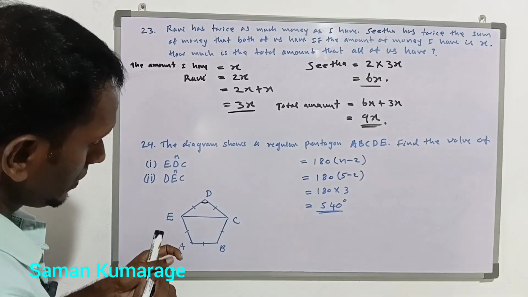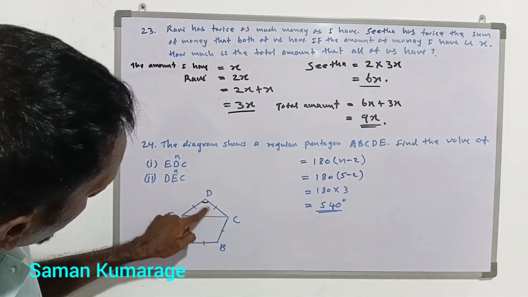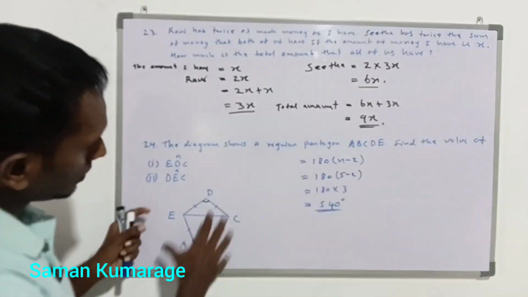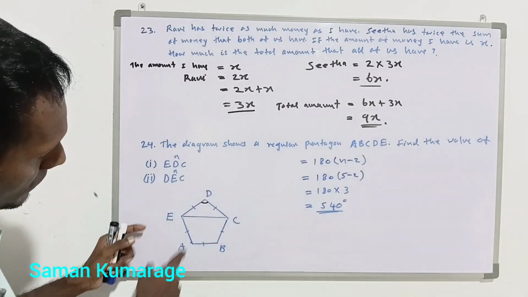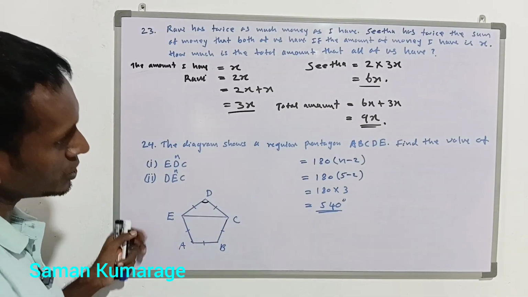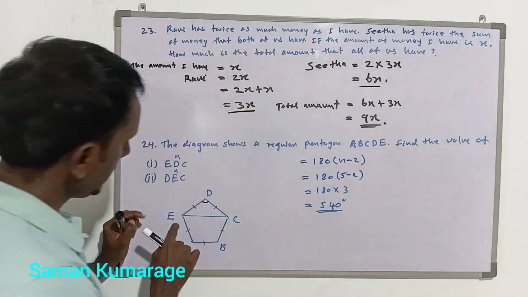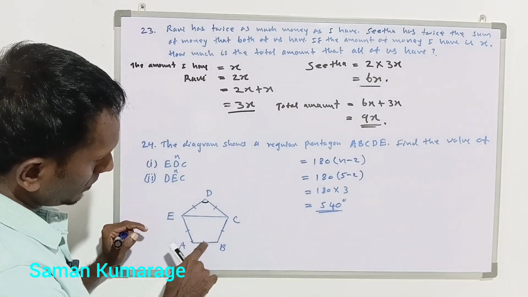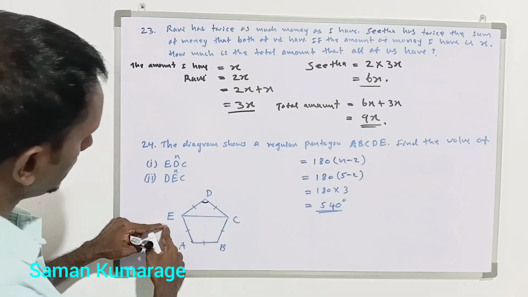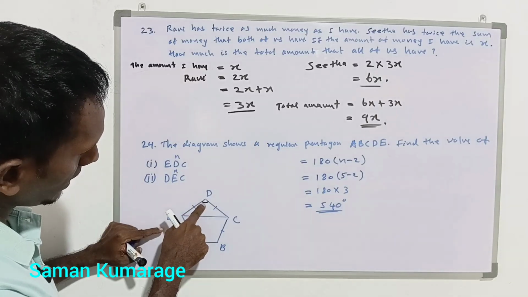Now we know that since all 5 sides of a regular polygon are equal in length, all 5 corners are also equal in magnitude. Therefore, to find the magnitude of one angle, according to question number 1, we need to find angle EDC.